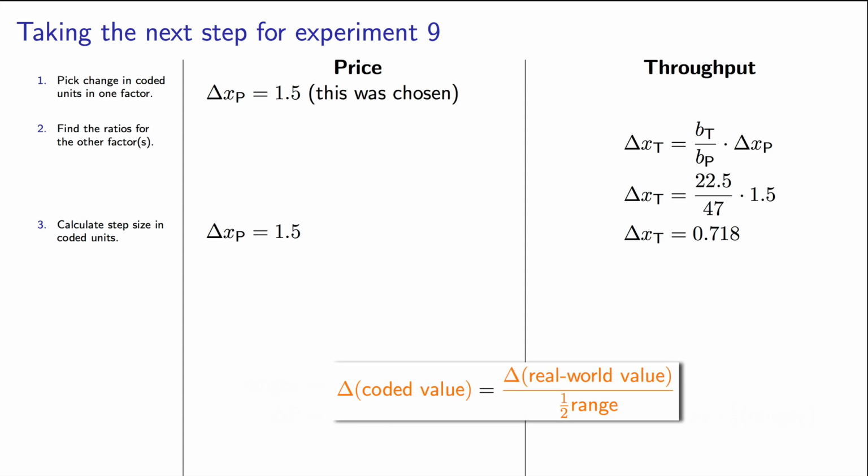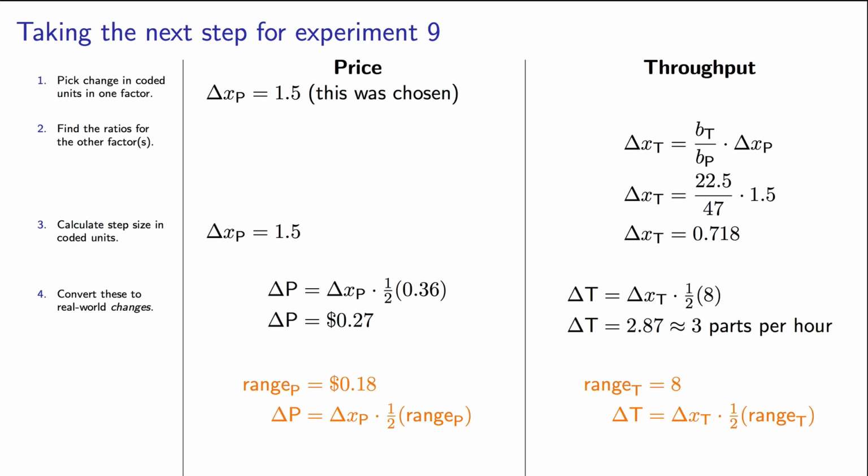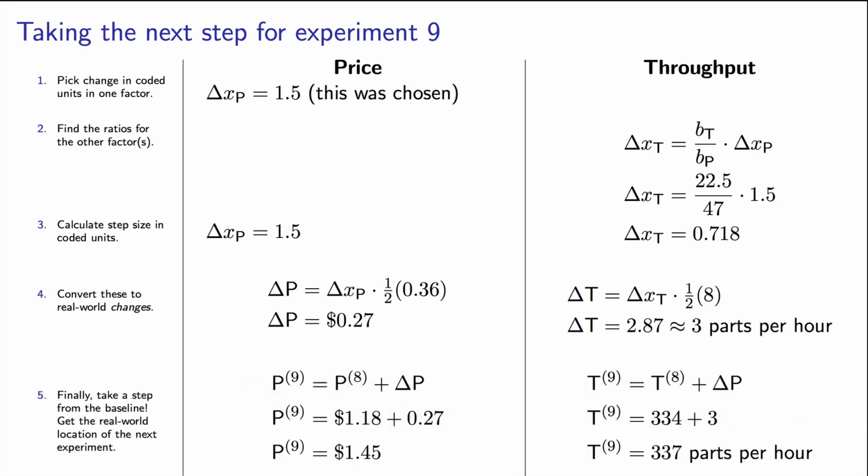For throughput, this lowercase delta xt corresponds to an increase of 2.87 parts per hour, which we round to 3 parts. For price, it's a 27-cent increase that we would add to the baseline value. Now we can go tell our employees or colleagues that the ninth experiment is at 337 parts per hour with a price of $1.45.